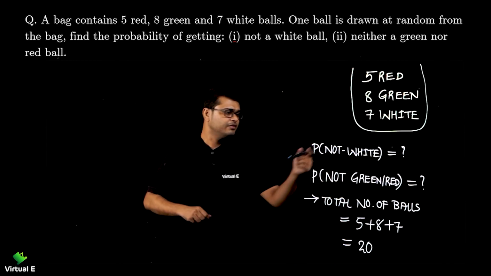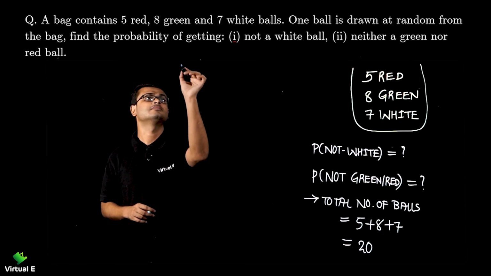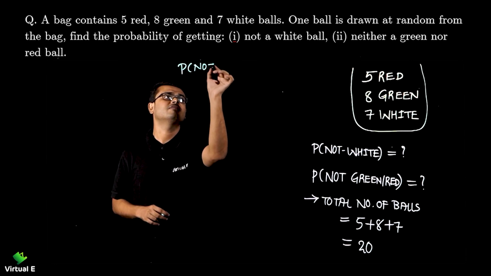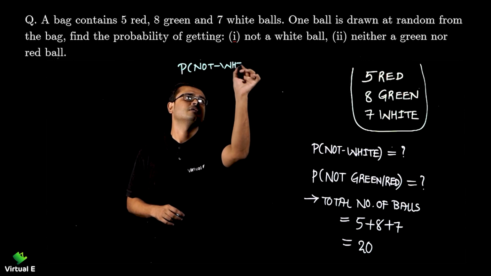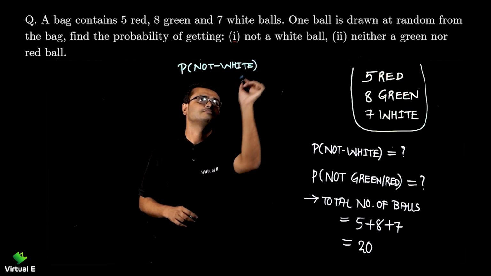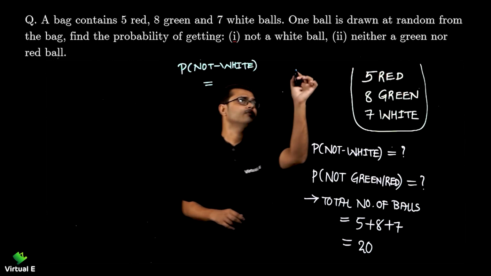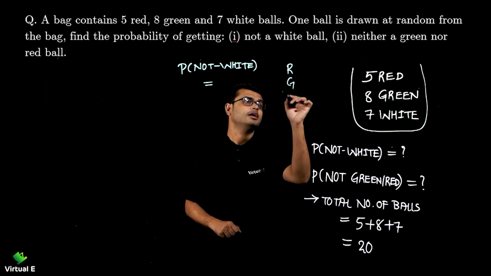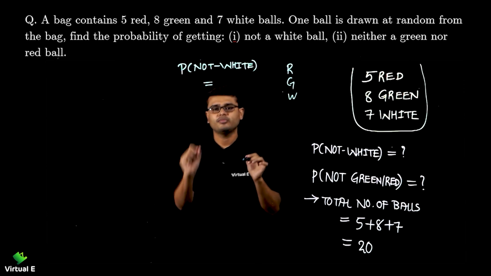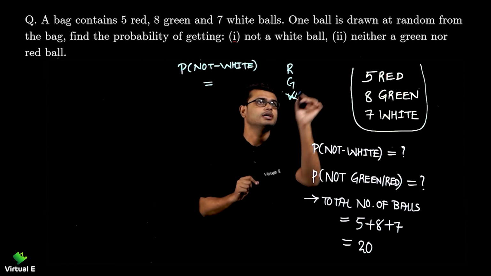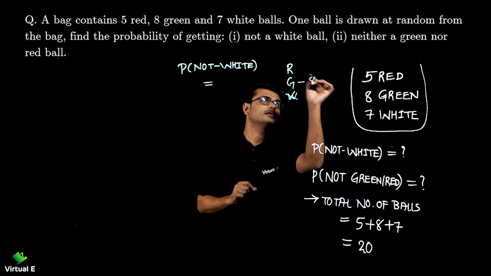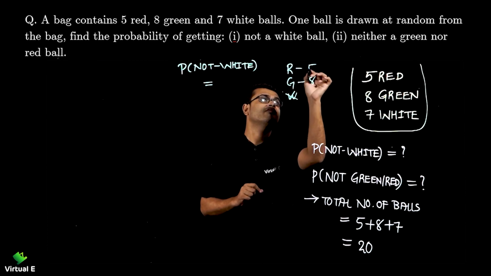Now let's move to the next step. Let's start with the first one, not white. Probability of not white. If you have red, green and white, we don't want white balls. So let's cross over it. How many are green? 8. How many are red? 5.